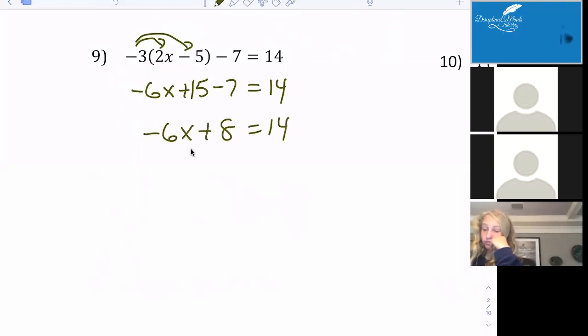Good job, girl. Then it's negative 6x plus 8. So you do minus 8. And what's that? 6. And then? So it's negative 6x equals 6. And then x equals negative 1. Wow, good job, kiddo. Very nice.